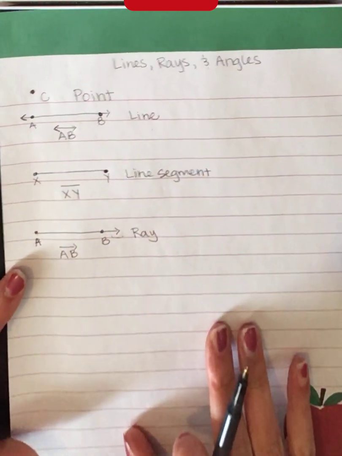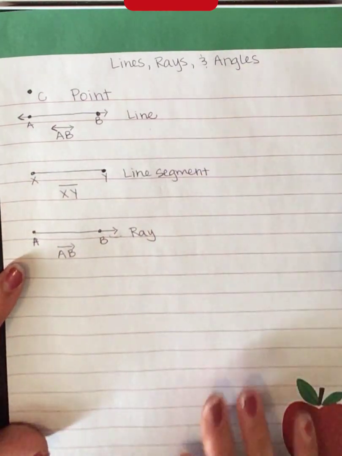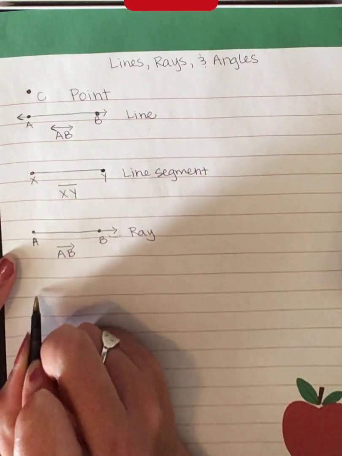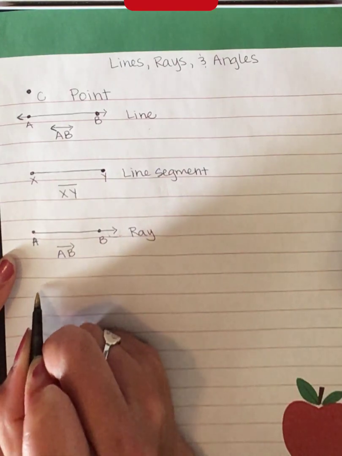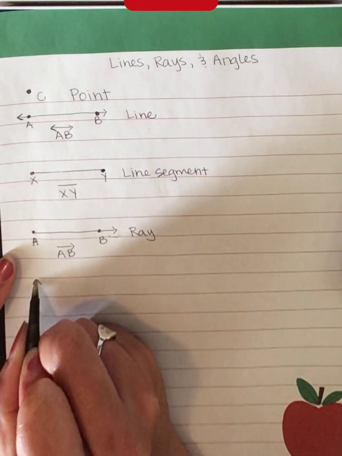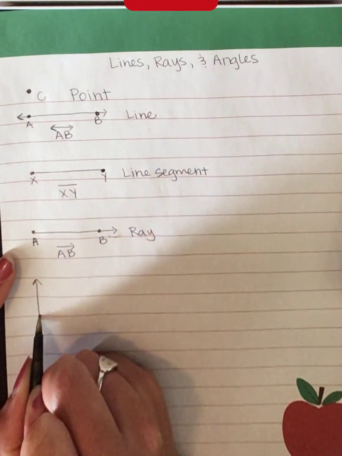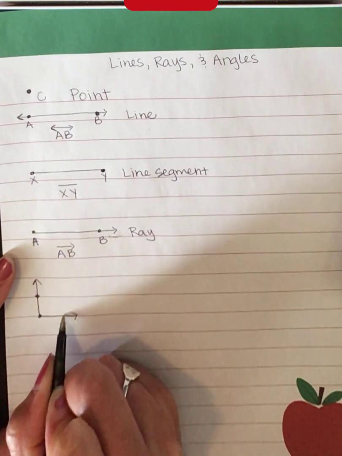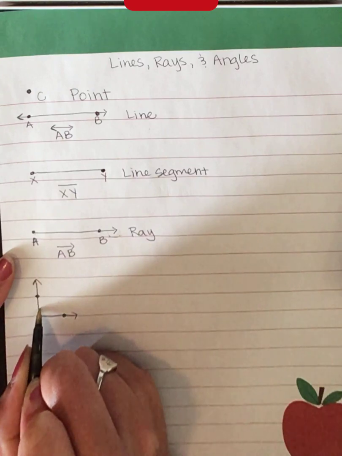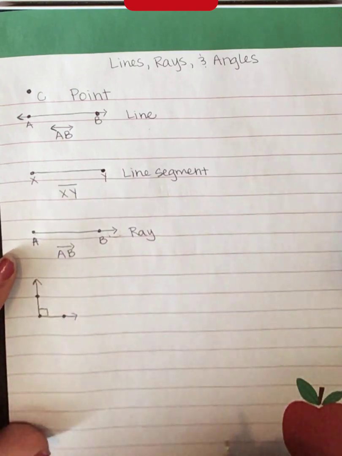Okay, next we have angles. So this was all about lines. Now we've got our angles, and angles are my favorite. So to have an angle, okay, it has several points. We're not going to name the points, but here is an angle. And this one you a lot of times see with a little square. Do you know what kind of an angle that is?